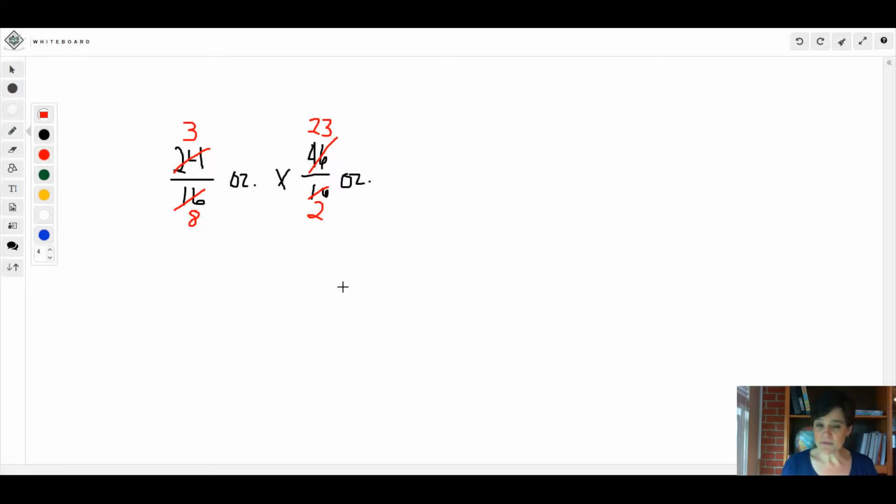It should be simplified. The only reason it wouldn't be simplified is if we didn't use big enough numbers on here. So 3 times 23 would be 69 over, and then 8 times 2 would be 16.